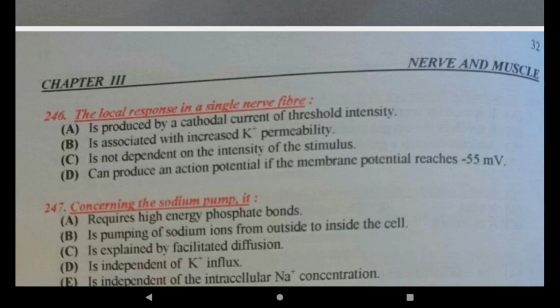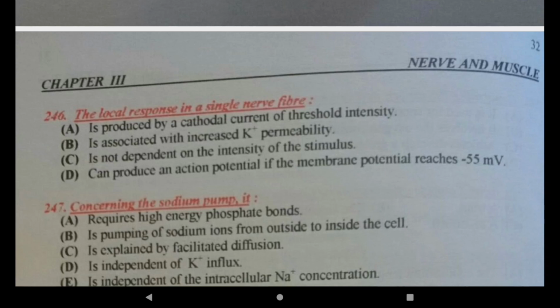C. Is not dependent on the intensity of the stimulus. D. Can produce an action potential if the membrane potential reaches negative 55 millivolts. So what is the correct answer? The correct answer is D.